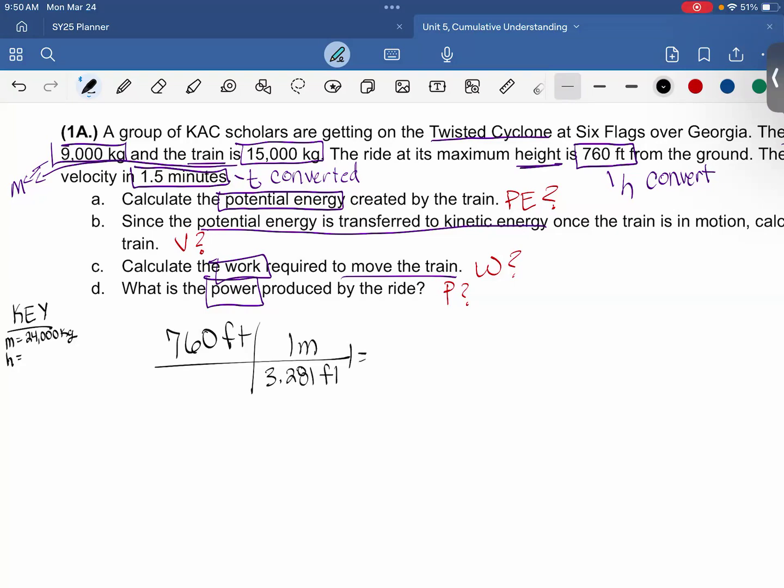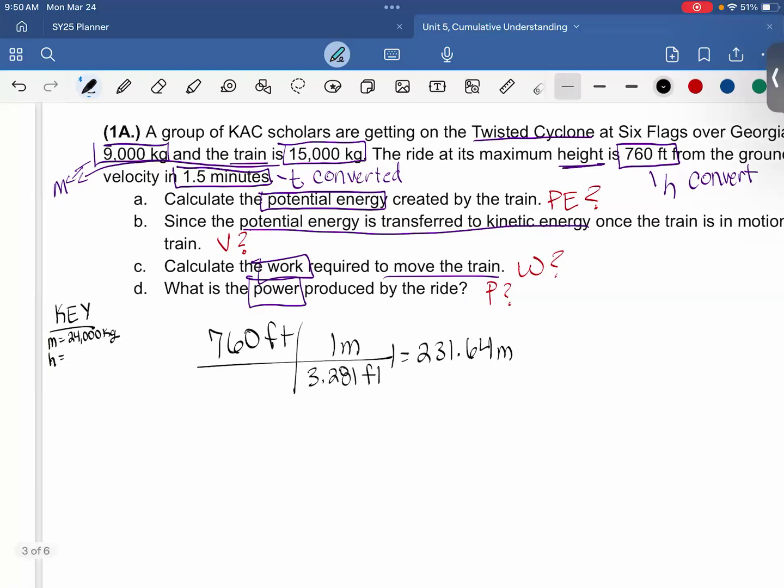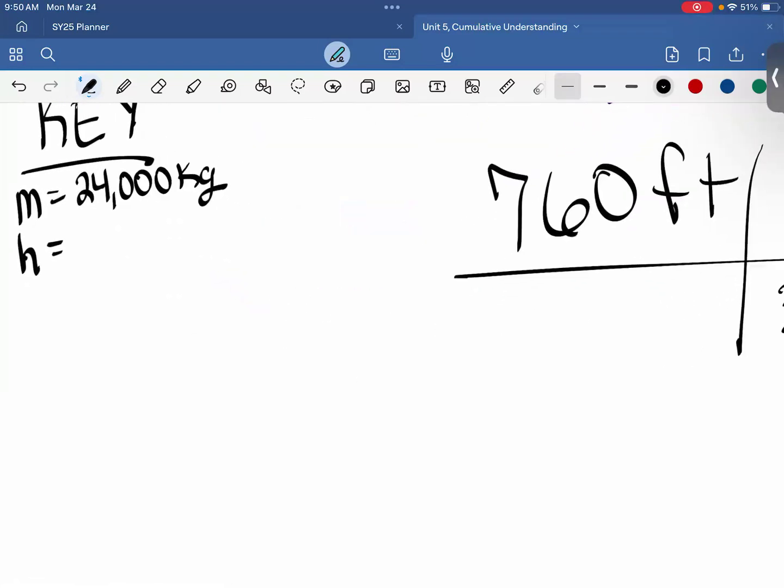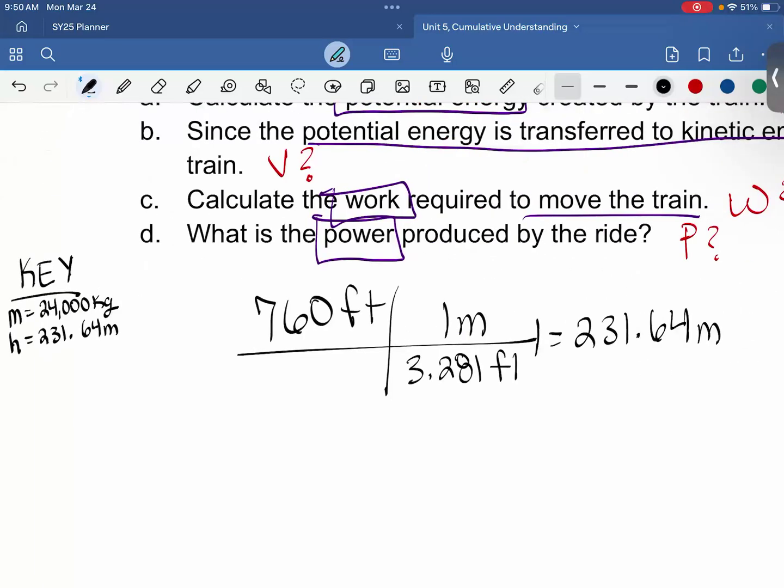When I divide those 2 numbers, I'm going to get a number with a lot of digits behind the decimal, but I'm going to round it. So I get 231.64 meters. So the height, once again, I'm putting this in my key, is 231.64 meters. But this was the conversion that I did to get this value.